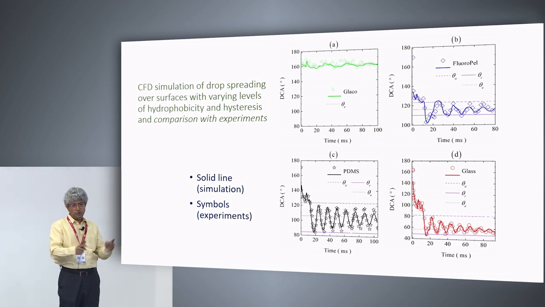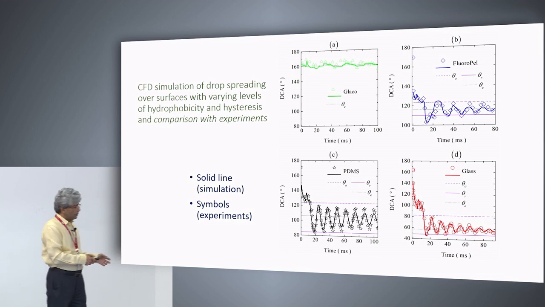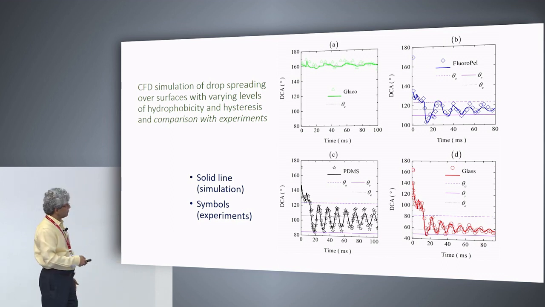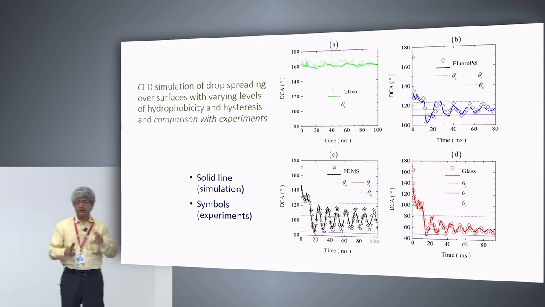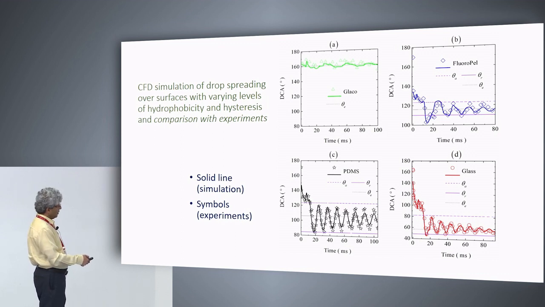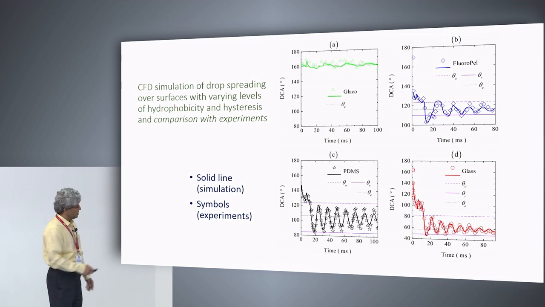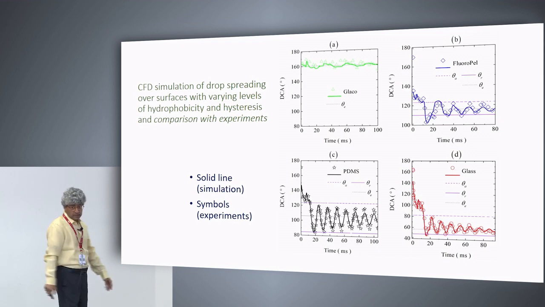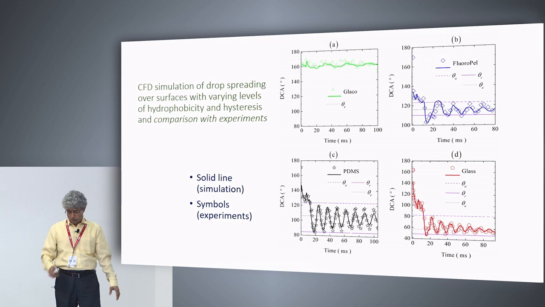You can measure the footprint and the contact angles using image processing tools. By the way, it's an axisymmetric simulation, where the drop is spreading equally on all sides. These symbols are experiments, and the solid line is simulation. First one is glaco, and here is PDMS, where you can see much larger oscillations, and the solid line, which is based on our proposed contact angle model, also does well.